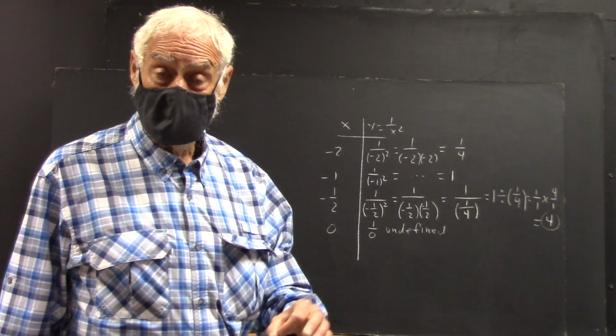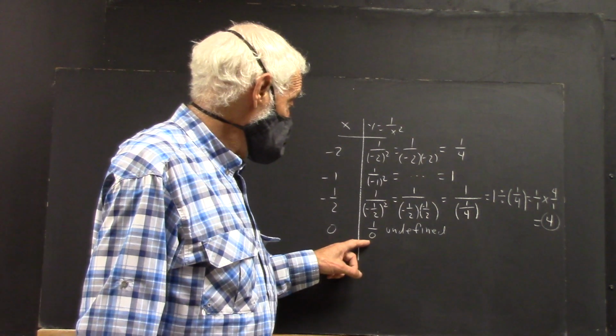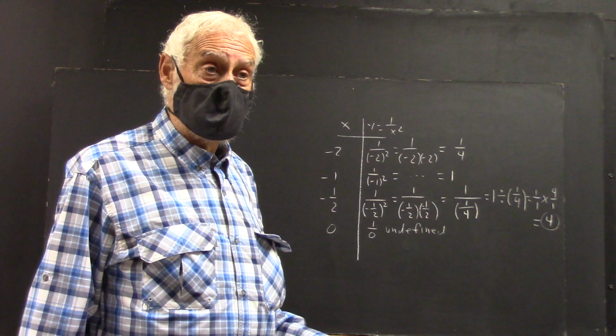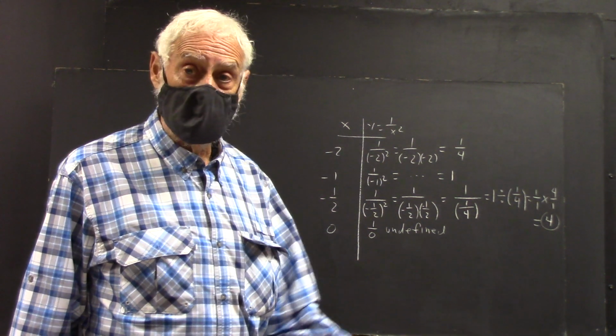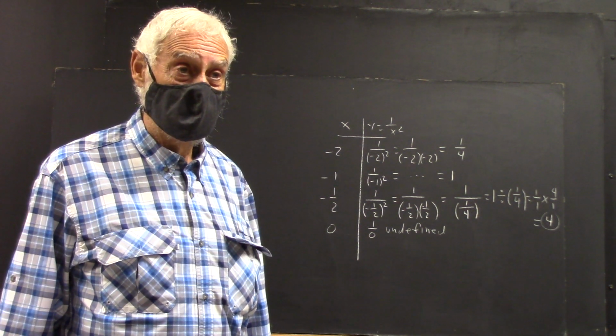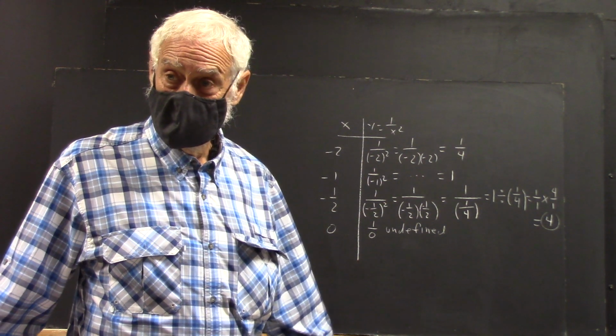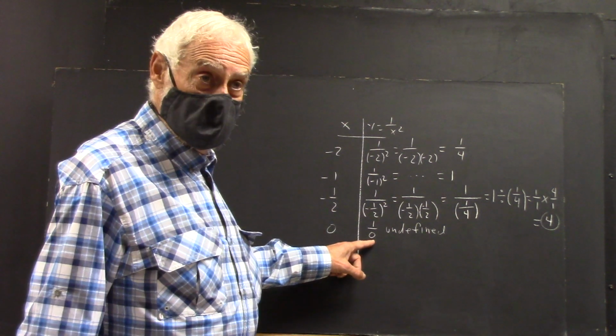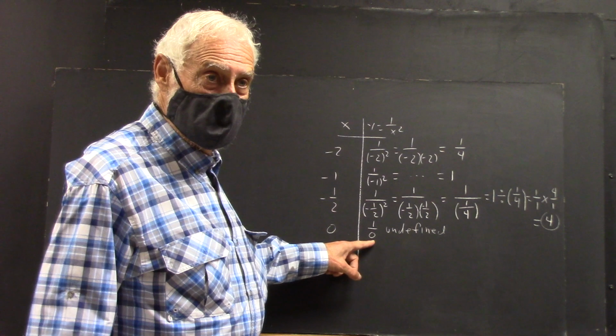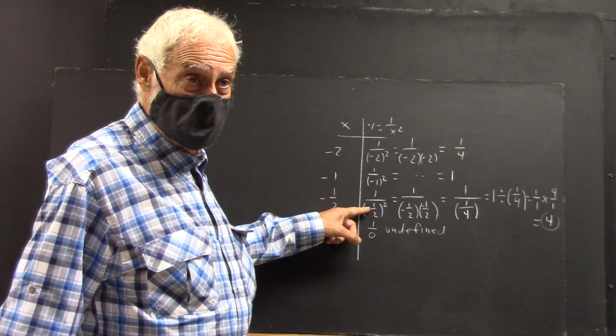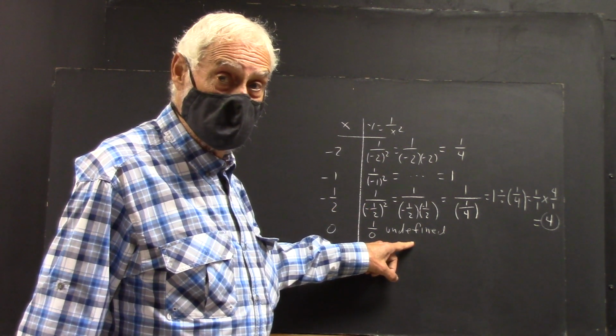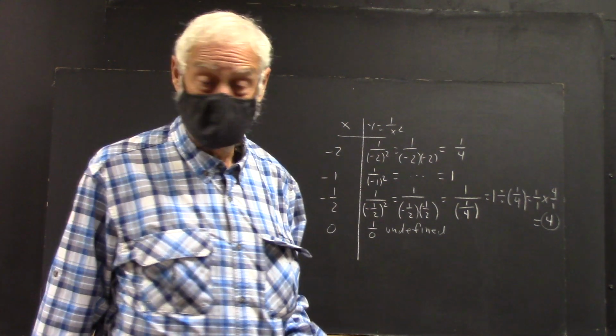Now the why is, can you count to 1 by zeros? How far do you get if you're counting by zeros? 0. You never get anywhere. Many times as you want, you can add zeros together, you never get to 1. That's why it's undefined. It's a simple idea.